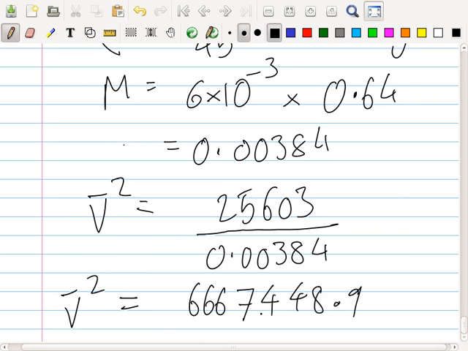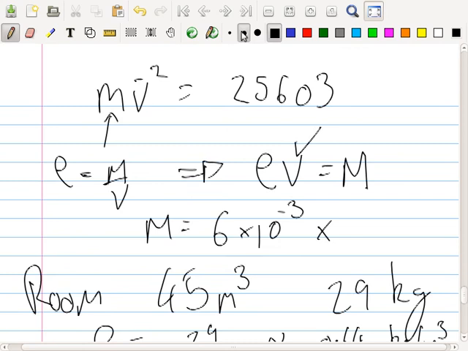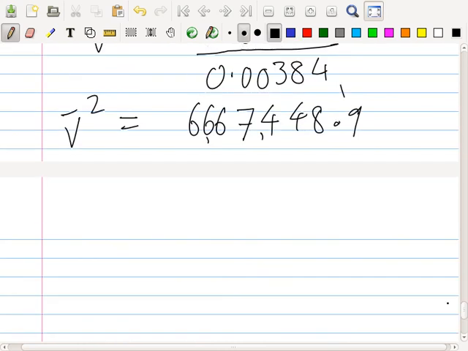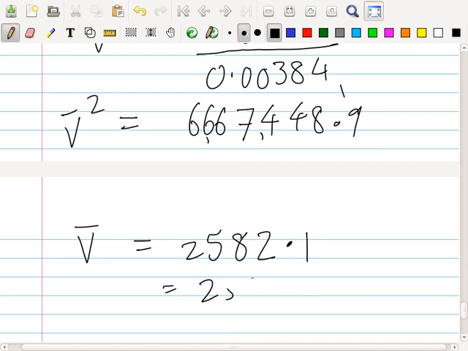And the final answer is 2582.1, after you take the square root. Okay. So that equals 2,500 meters per second, roughly.